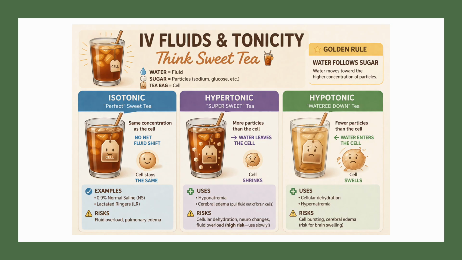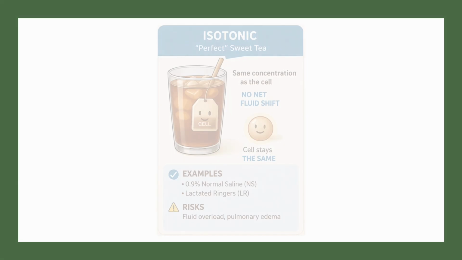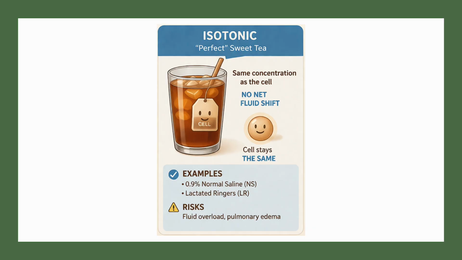All right, so we're going to start looking at the three types of IV fluids. Let's begin with isotonic. Everything you need to know about isotonic is on this view. Isotonic would be our perfect sweet tea. It would have just the right amount of sugar to balance out what the sweet tea will taste like.